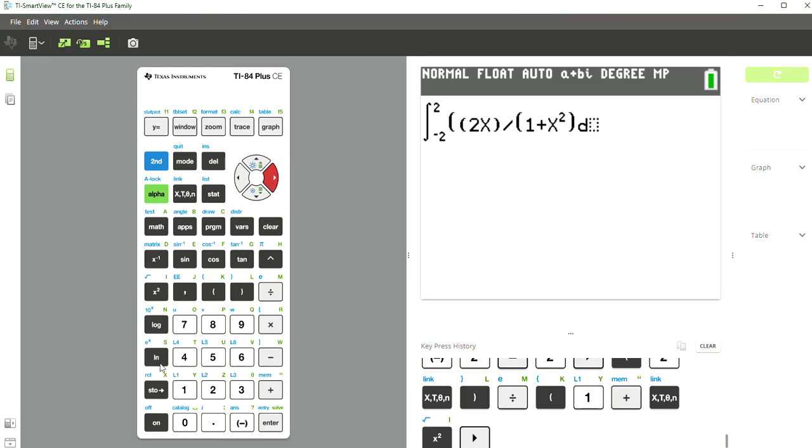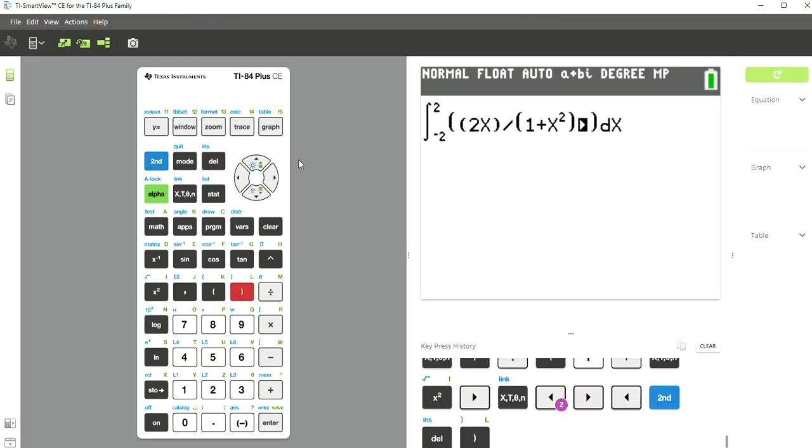So we integrate that with our differential dx, where the variable we're integrating over is x, and I think we should have one more parenthesis in here just for good form. So integrating that function over the variable x from -2 to 2.